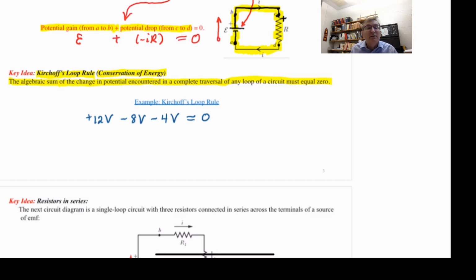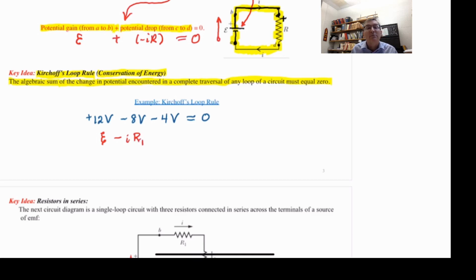Now, if I put underneath this the same idea but with symbols, it would look like this. Plus curly E, a gain of curly E, the EMF from the battery. A loss of how much when you go through a resistor? Well, from the definition of resistance, R equals V over I, so V equals I times R. So that'll just be minus whatever the current I is times that amount of resistance.